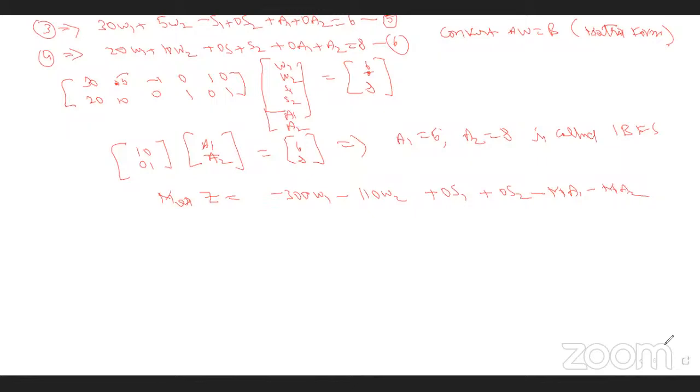Simplex table. CJ means coefficients of the objective function.